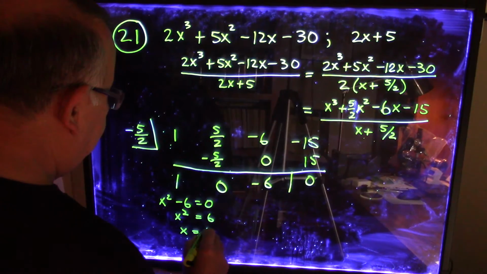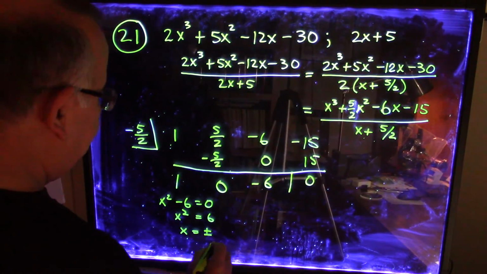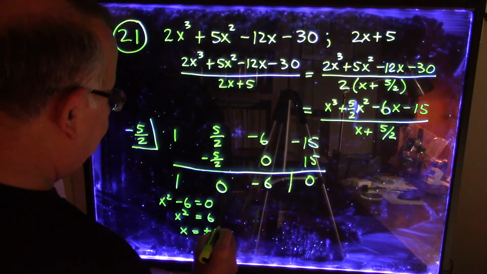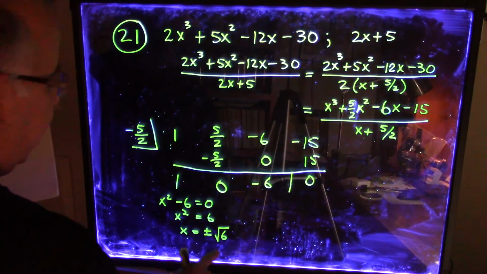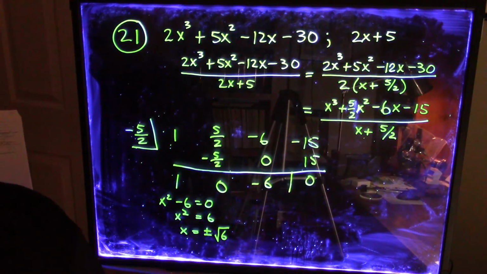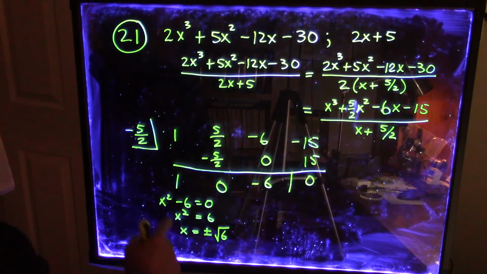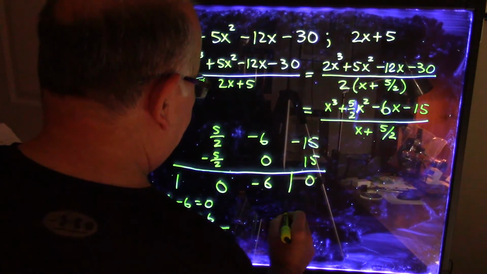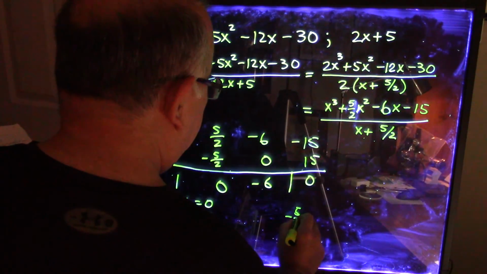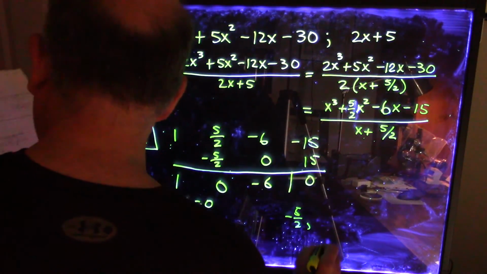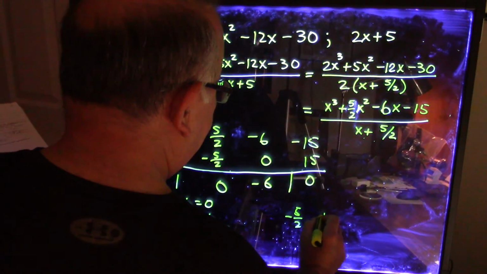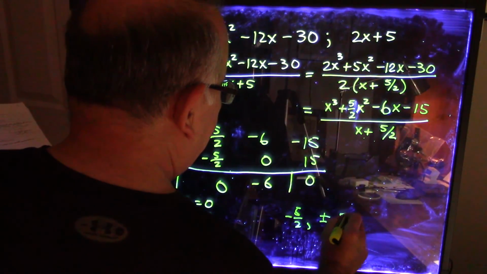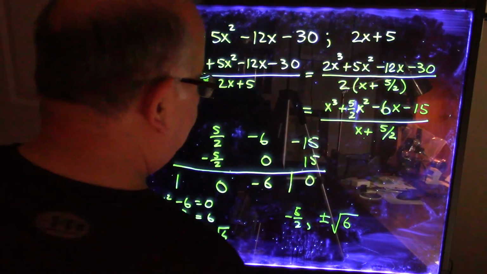And remember, there's a positive and a negative square root, so you write plus or minus the square root of 6. That's an irrational number. Okay, so we have negative 5/2 as one root, and we have plus or minus the square root of 6. So there are 3 real roots, or 3 real zeros.